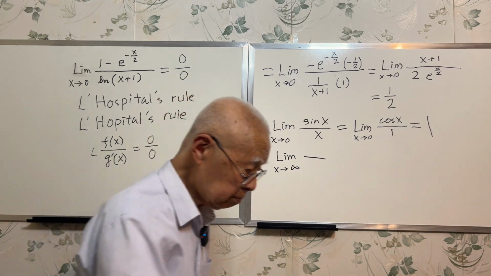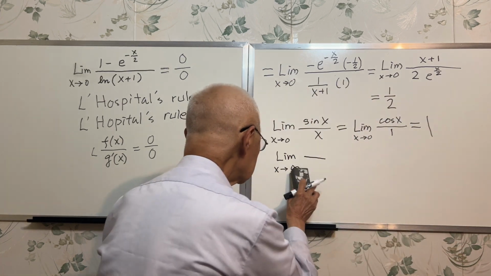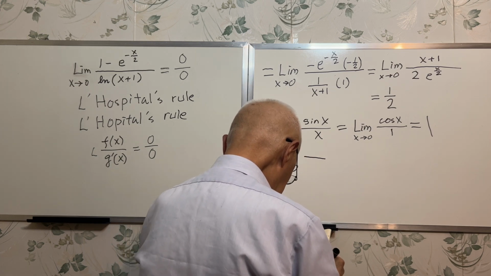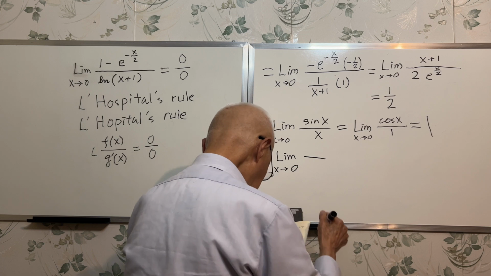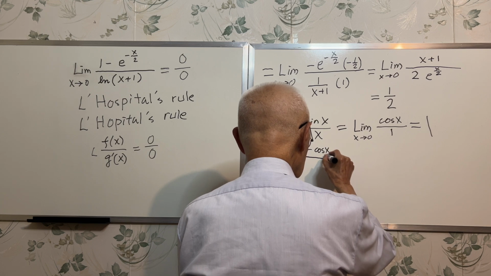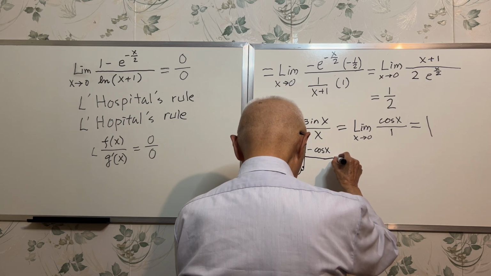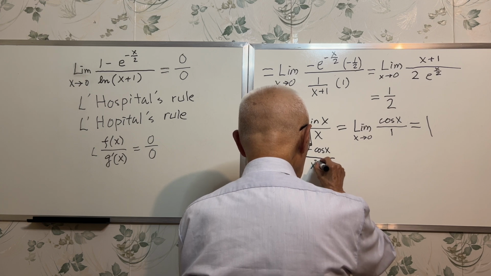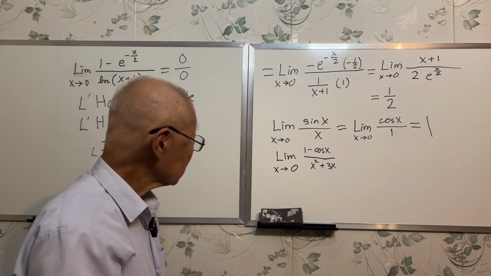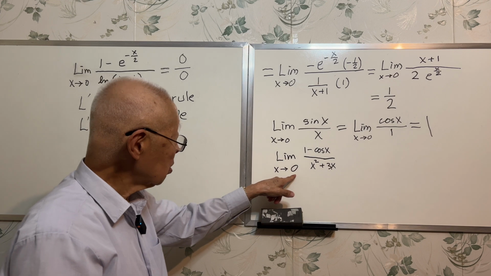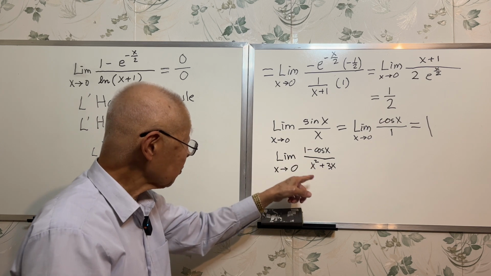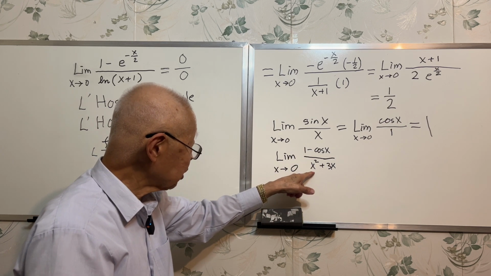When x goes to 0, cosine 0 is 1. So 1 minus 1 is 0. When x goes to 0, then I have 0 plus 0.